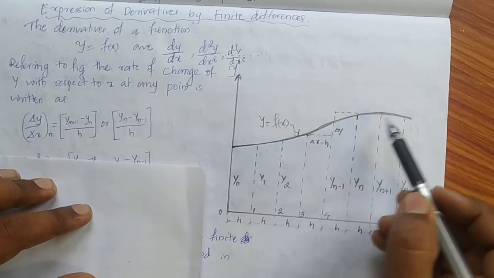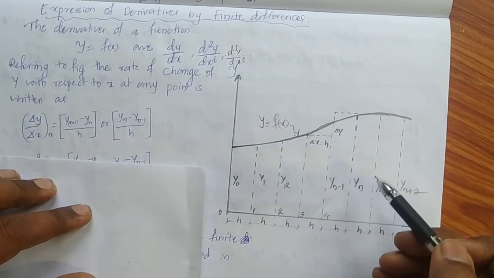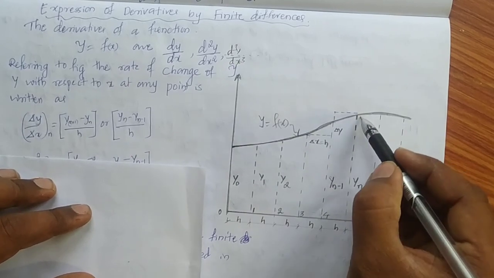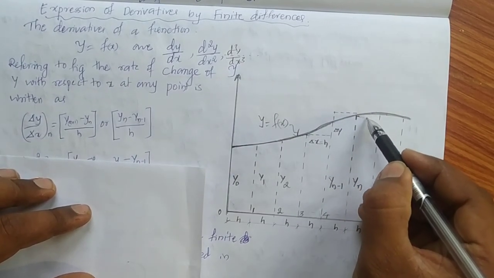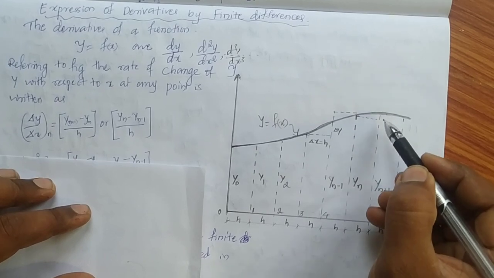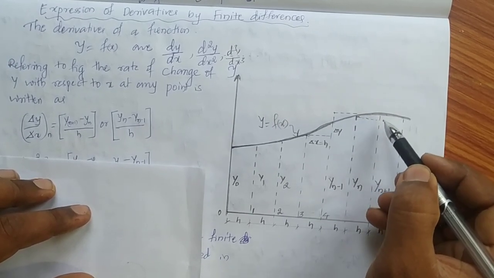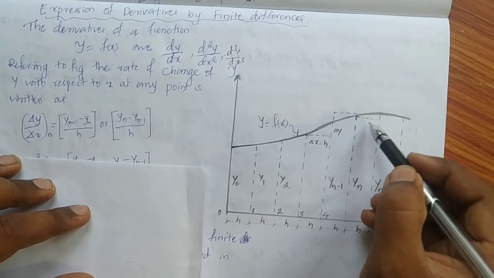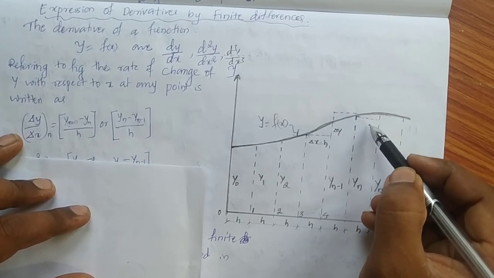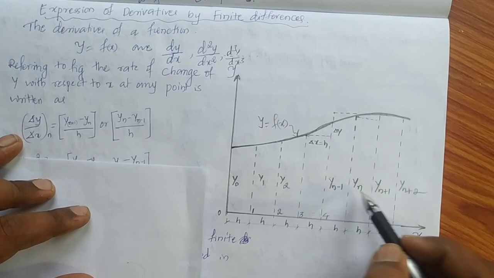I have shown that here. Similarly, you can represent the variation here, and even here also. So the difference, delta y by delta x, can also be calculated by this difference.